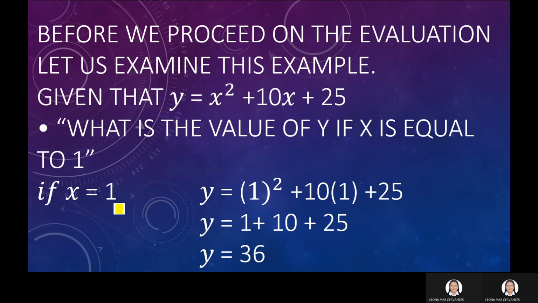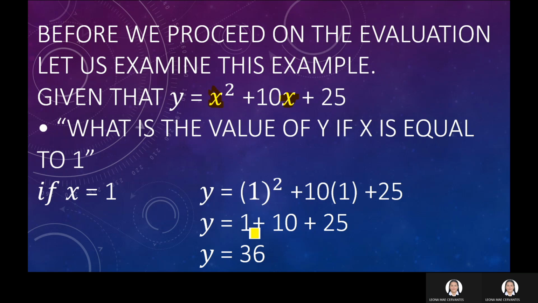Okay, so if x is equal to 1, we will just substitute positive 1 for our x. So we have y equals 1 squared plus 10 times 1 plus 25.